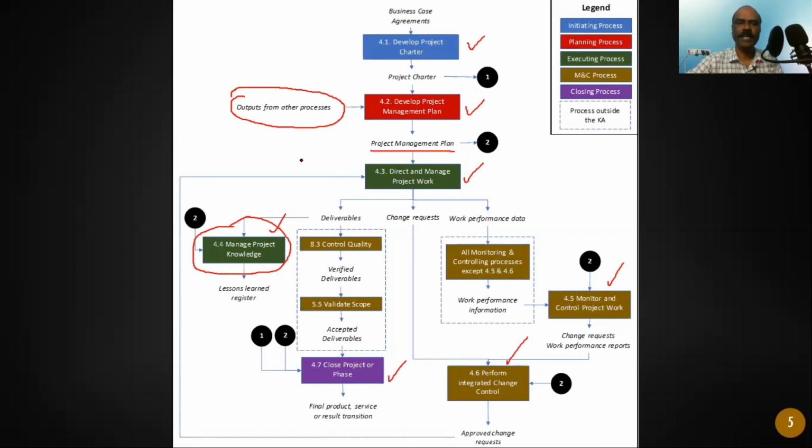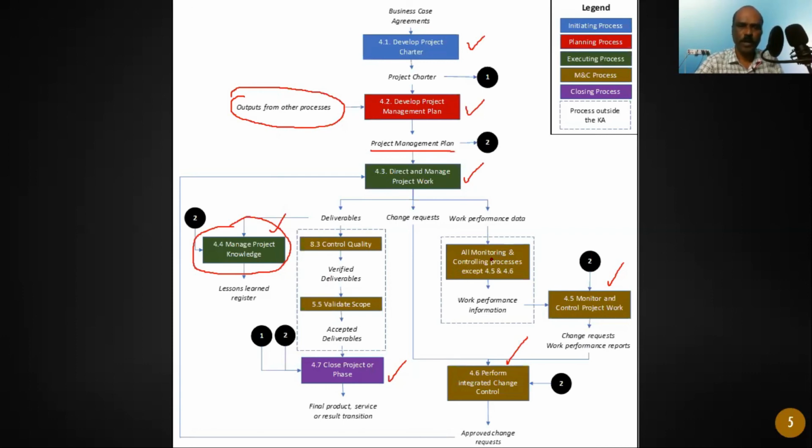But as we have seen, there is a lot of work done by many other processes. For example, the outputs from other processes come from a lot of other knowledge areas. Similarly here, control quality, validate scope, and the other monitoring and controlling processes all come from different knowledge areas. So this is what you need to understand.